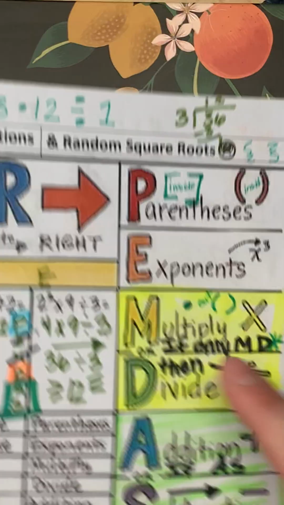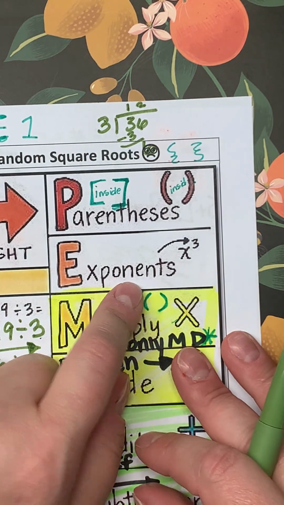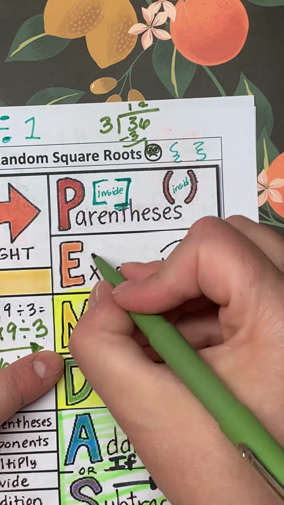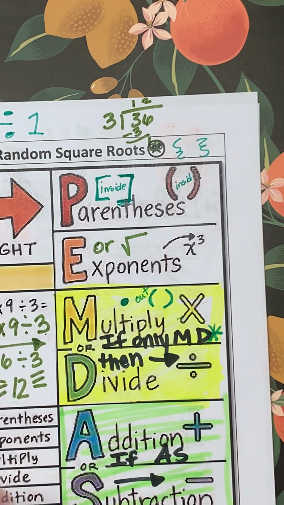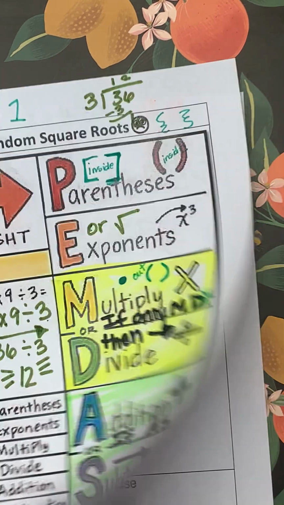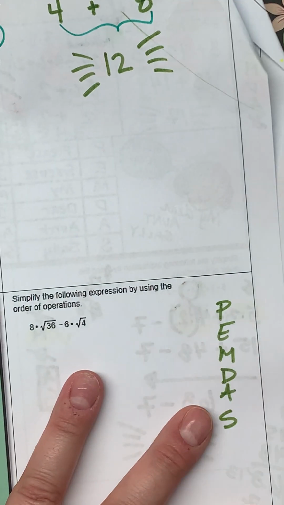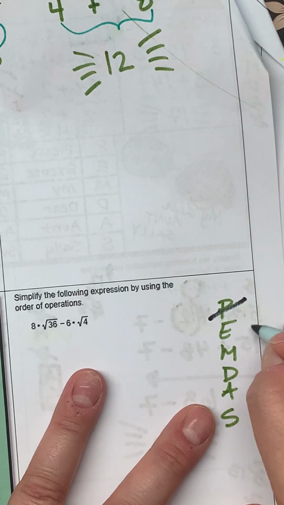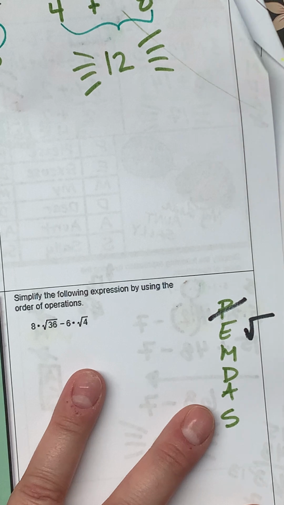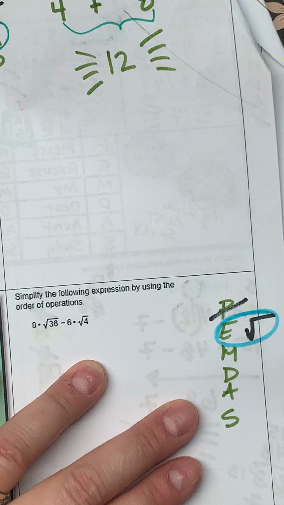So, up here in PEMDAS on the front page, exponents mean the number in the air, and they also mean if you have square roots. You'll learn in college algebra that square root is the same thing as an exponent, but you don't know that yet. Okay, so first we're going to see if there's any parentheses, and there's not. The next thing is E exponent, and we do, sort of, if you remember that exponent is kind of like a square root, and you'll learn that more in college algebra.